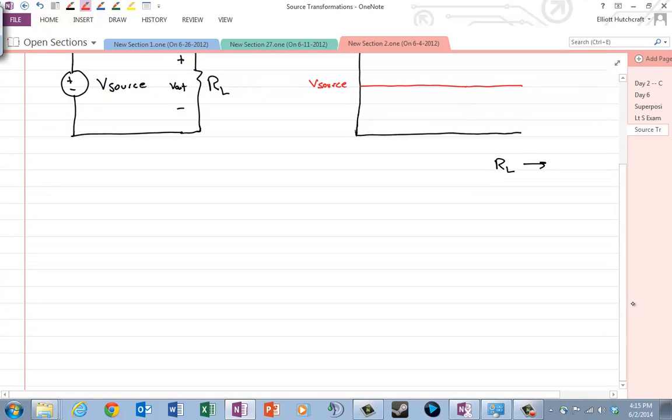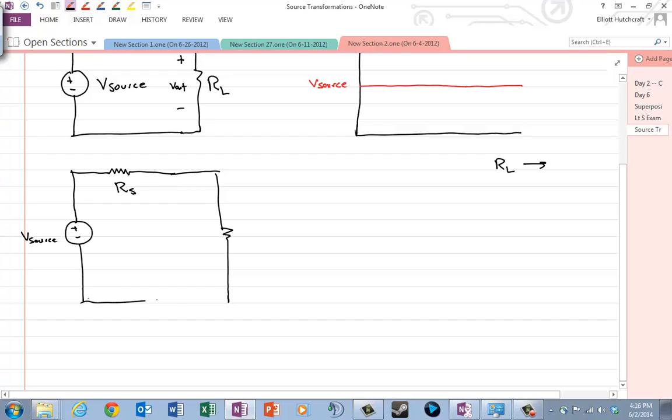Okay, but what if we change this up a bit and say we have a practical source, one that has a resistance associated with it. So now we have V source and a resistance RS, and we still want to look at this load resistance RL.